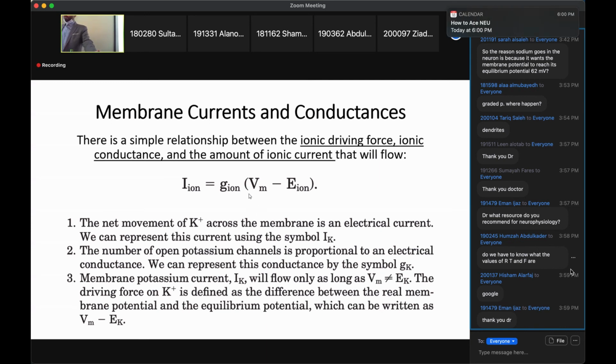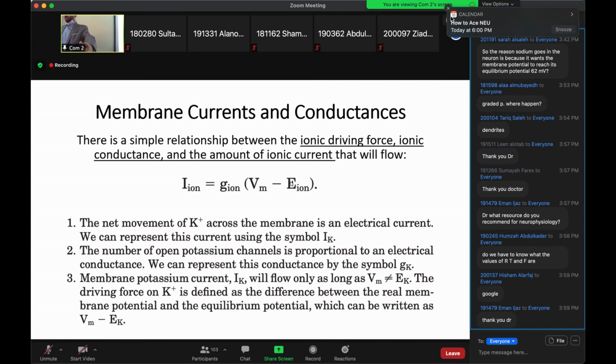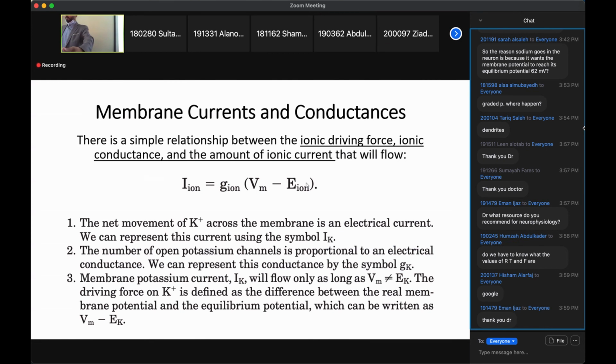So if we fill in here, it will be negative 65 minus positive 60, so it will be around negative 125. What this means is that when the neuron is at rest, there is a huge ionic driving force for sodium to go in because the sign is negative, as I said. I hope this is clarified.